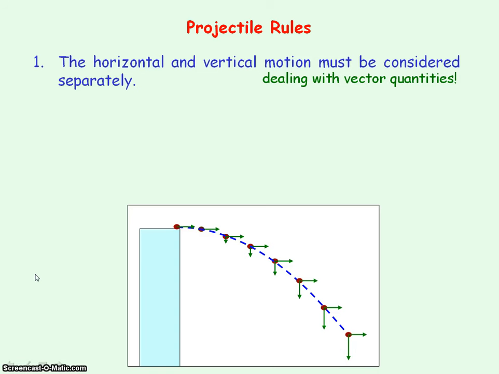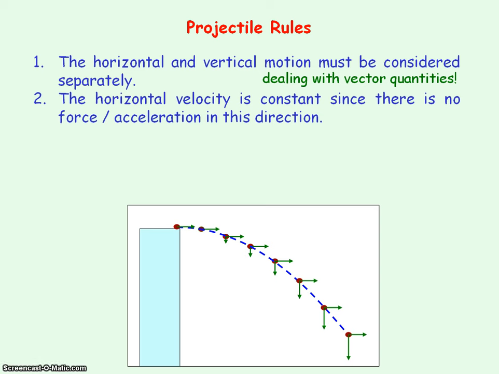And so the second rule for projectile motion is that the horizontal velocity is constant, and that's because there's no force or acceleration that acts in the horizontal direction. We are assuming in this case that there's no air resistance acting on the projectile.